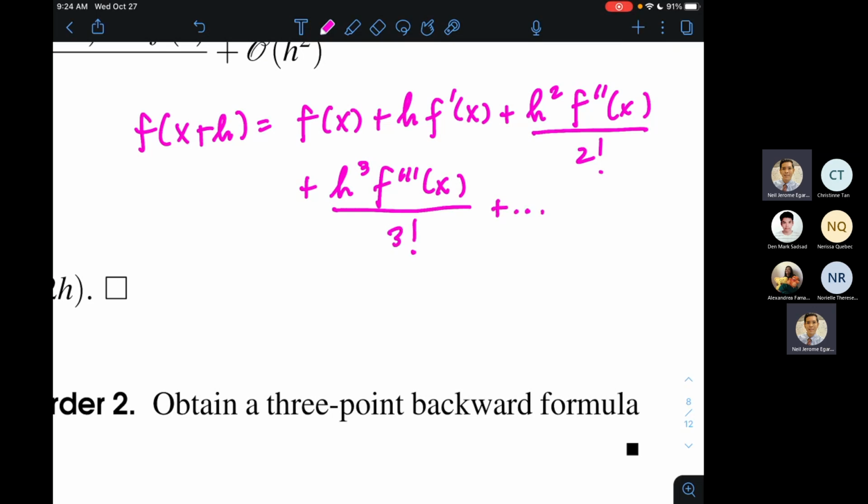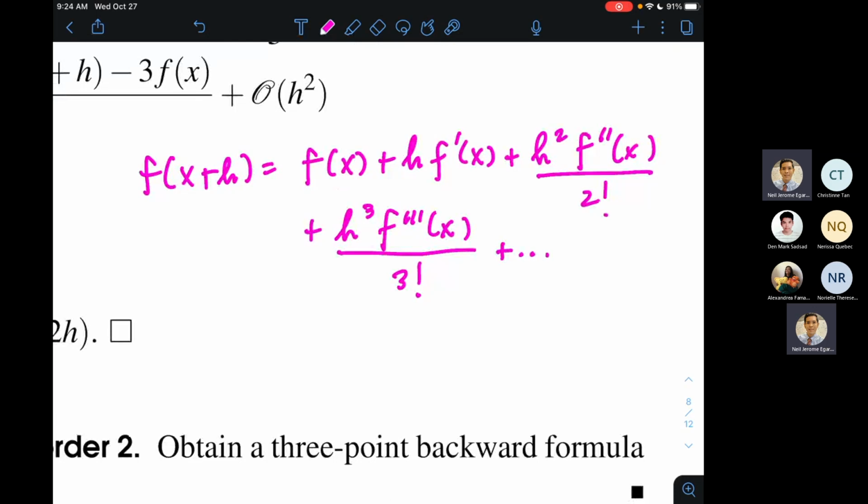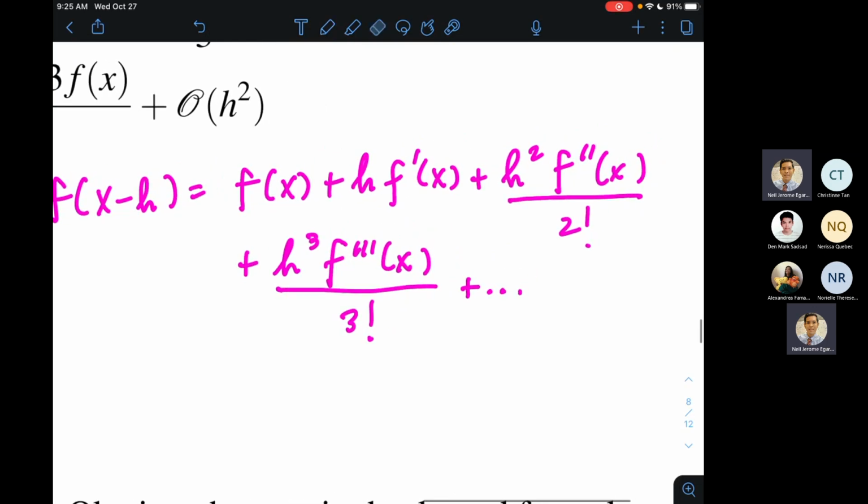So if we want f of x minus h, all we do is replace all h's by negative h. So the h here will be replaced by negative h.